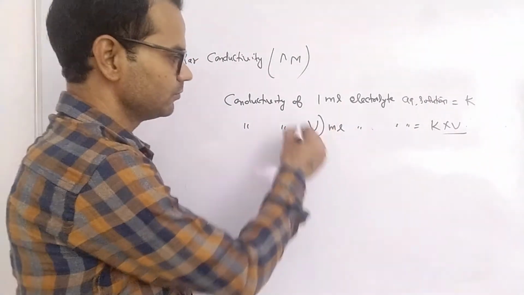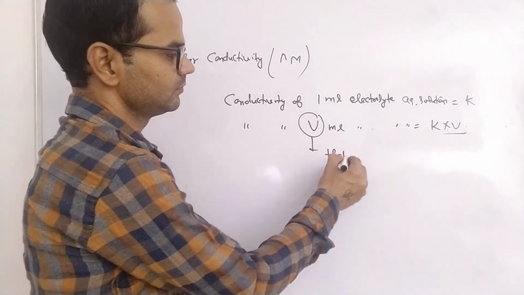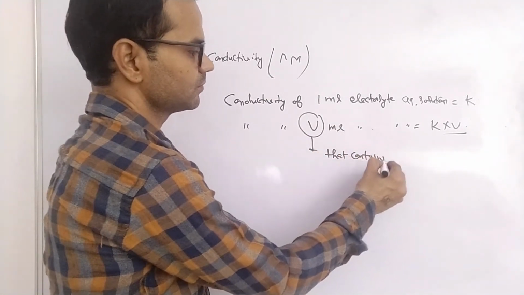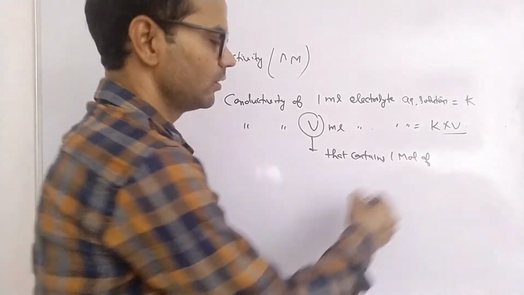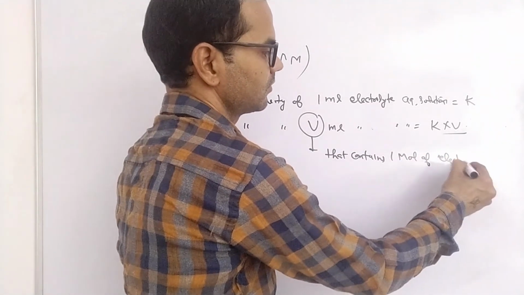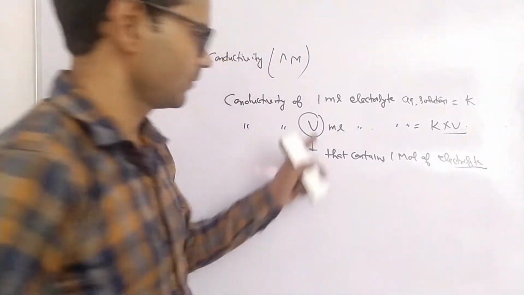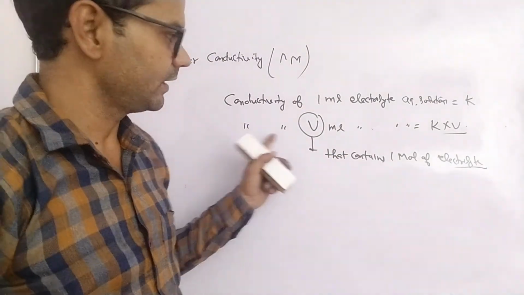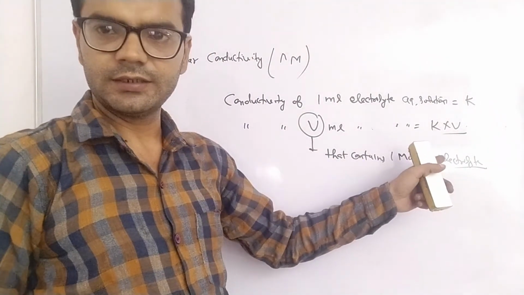V is the volume that contains 1 mole of electrolyte.